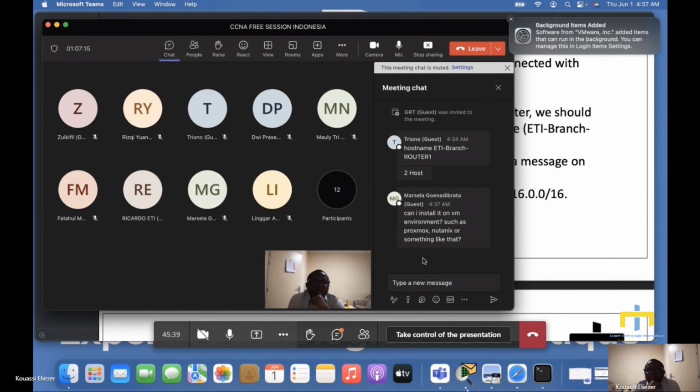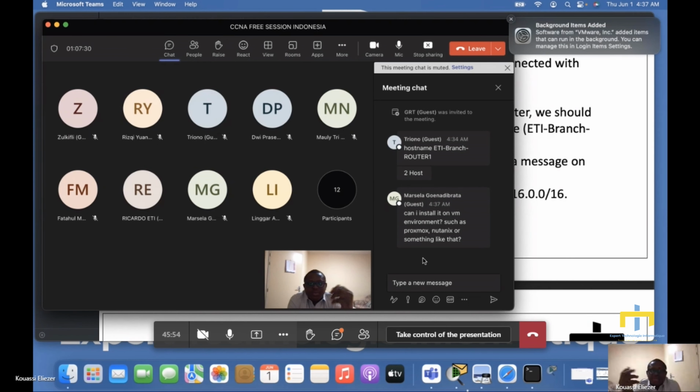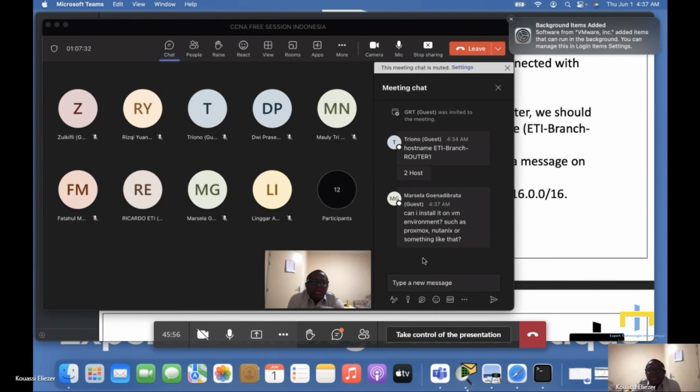When I install it on a VM environment, such as Proxmox, Nutanix, or something like that. Yeah, of course you can. The most important thing is, you install it within what we call a hypervisor. As far as it is a hypervisor, you can use it.